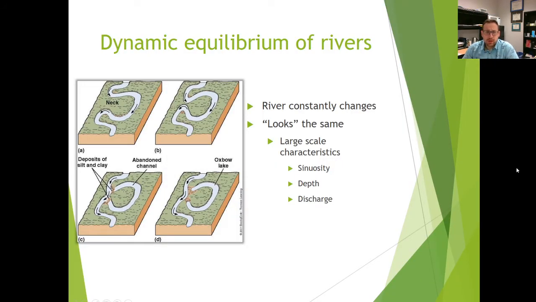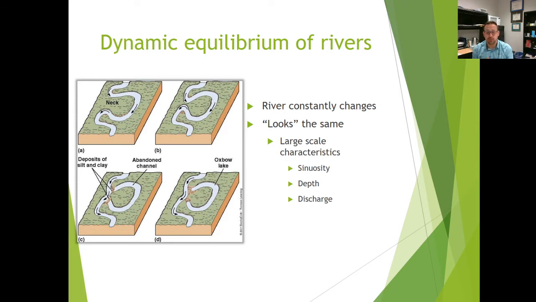All right, so when we think about how rivers are flowing, and when we're thinking about fluvial geomorphology, we really need to think of this idea called dynamic equilibrium. So what does this mean? It means there's an equilibrium point, a point of, I hesitate to say balance, but that's oftentimes how it's talked about.